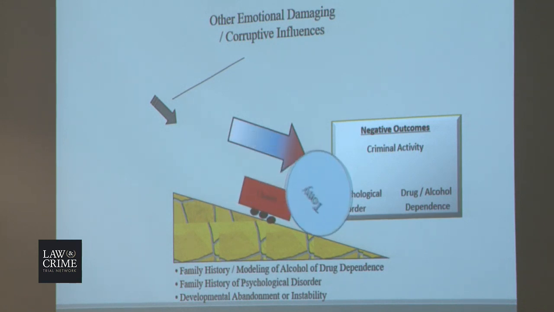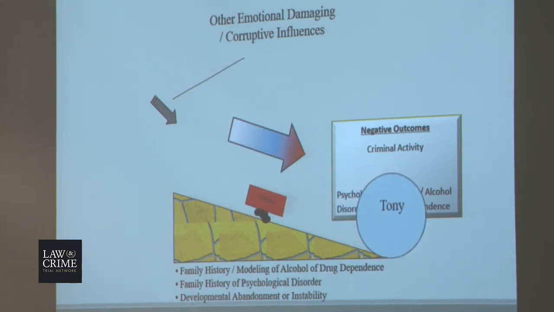And so this moves his choices to a place where it's almost inevitable that we're going to see a negative outcome in this case. We're going to see the development of psychological disorders, as we did. We're going to see the development of substance use disorders, as we did. We're going to see criminal activity, as we did.